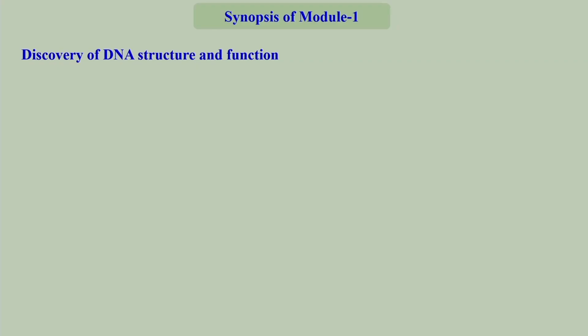So, now I am towards the end of module 1. I will give you a rough synopsis of whatever we have covered in this module. We have seen at the beginning the discovery of DNA structure and how the function of DNA was elucidated from the structure of it. So, elucidation of structural parameters of DNA and RNA both.